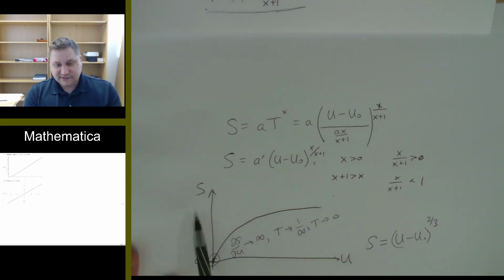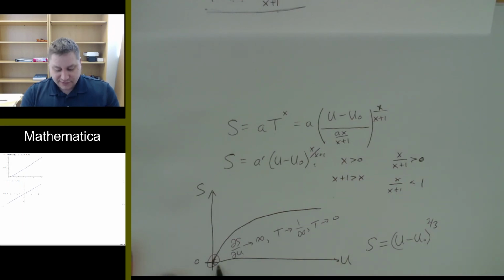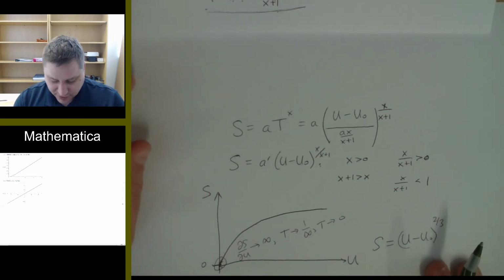So this is what all systems have to look like as their temperature approaches 0 on an absolute scale. Their entropy must go to 0 with temperature. Their internal energy must go to u0 with some other power of temperature as temperature goes to 0.